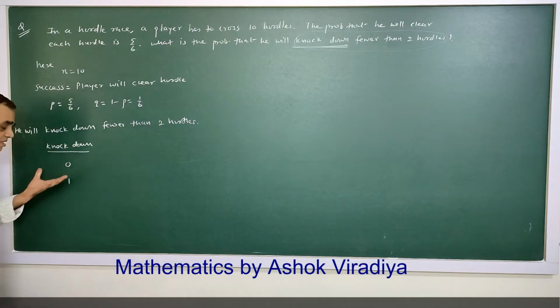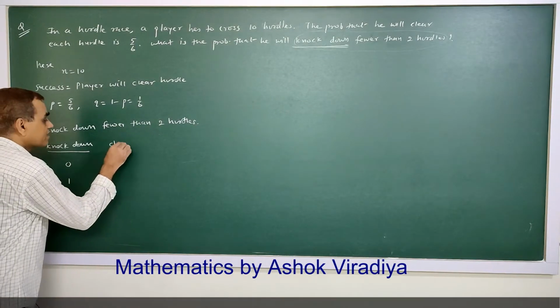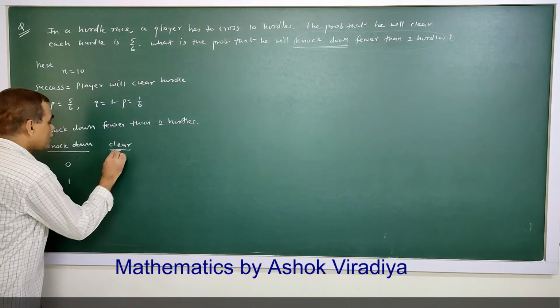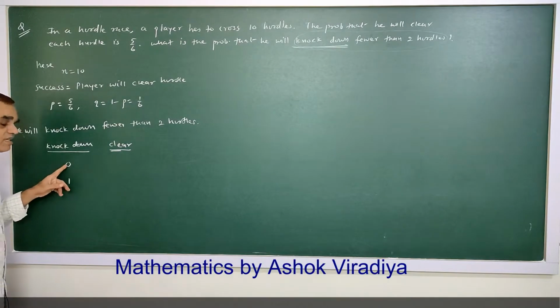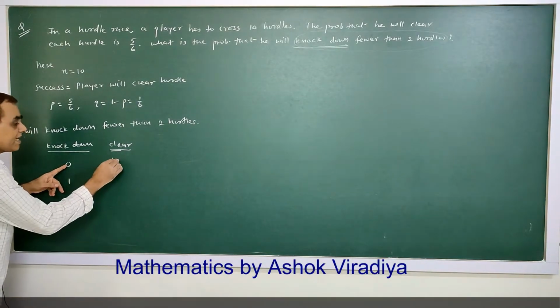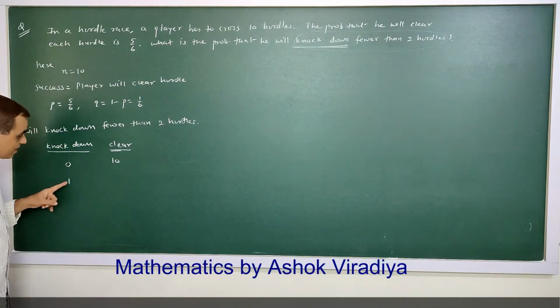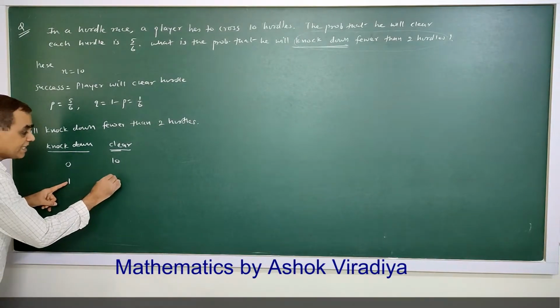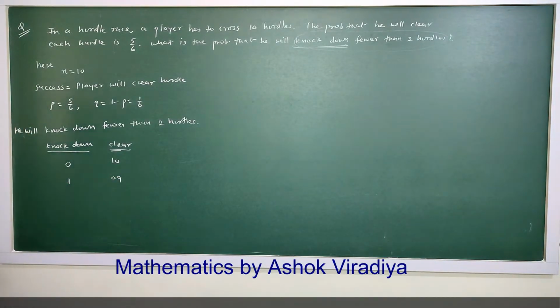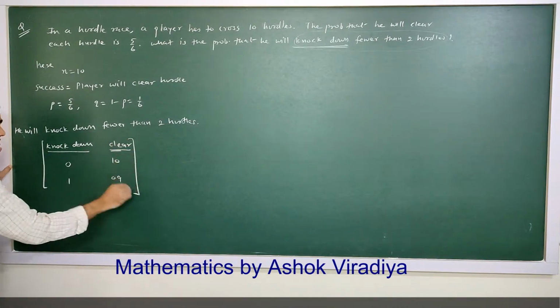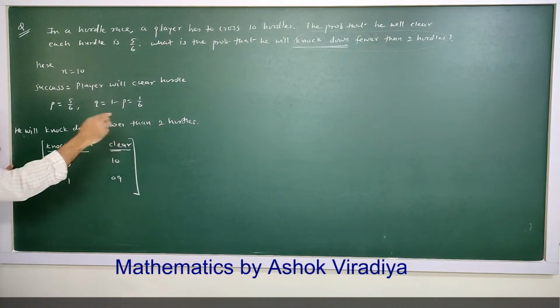He fails to cross the hurdle. That means he will clear. How many times? So when 0 times he cannot clear, that means 10 times he can clear. When 1 time he cannot clear, that means 9 times he can clear. So the meaning of this is that he will knock down fewer than 2 hurdles.